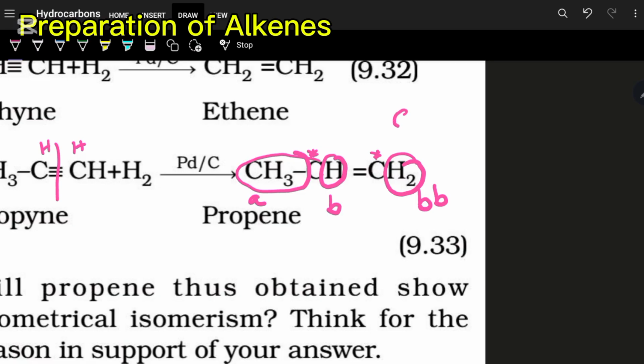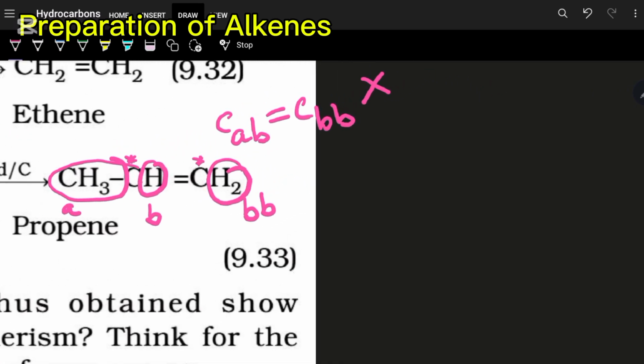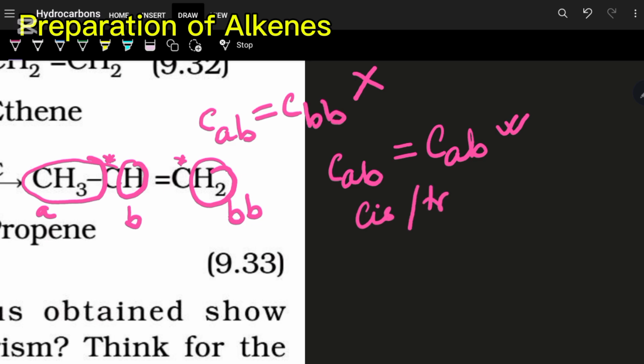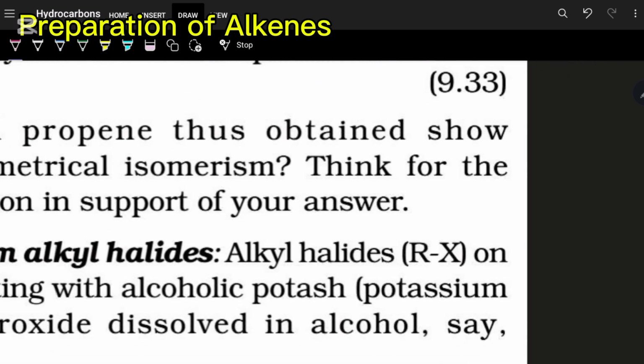That is, it is CAB=CBB type, which doesn't show geometrical isomerism. In order to show geometrical isomerism, it should be CAB=CAB type. Then only it will show cis and trans isomerism.